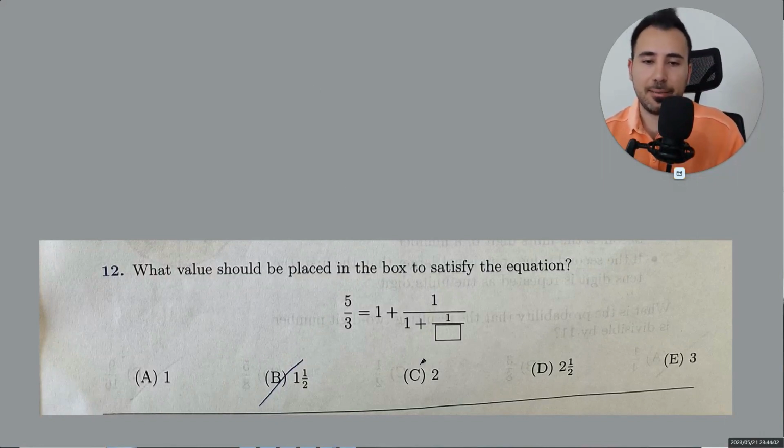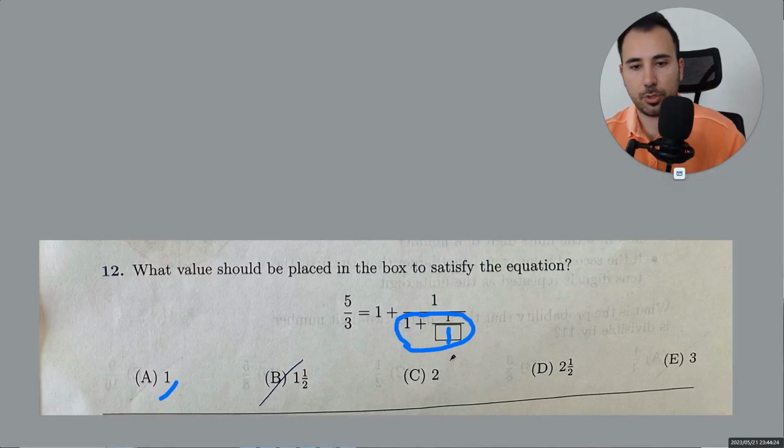By the way, I think for these types of questions, instead of solving it, the best option is just trial and error. So for example, is it 1? If this is 1, let's assume it's 1. This whole thing will be 1. Okay? So that means this thing will be 2.